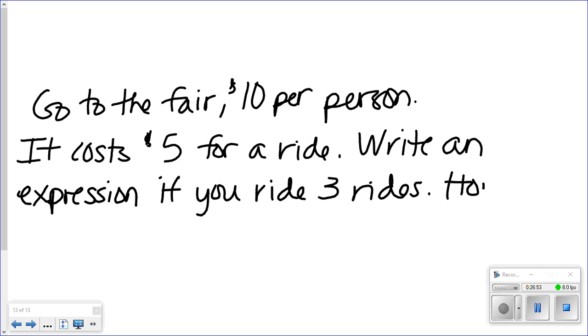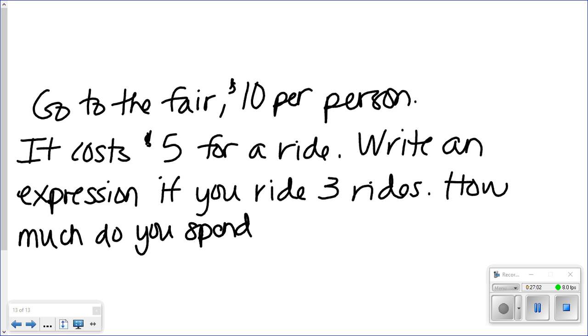How much do you spend that day? There's one like this in your homework. That's why I'm doing that.